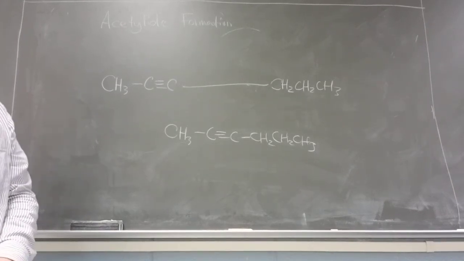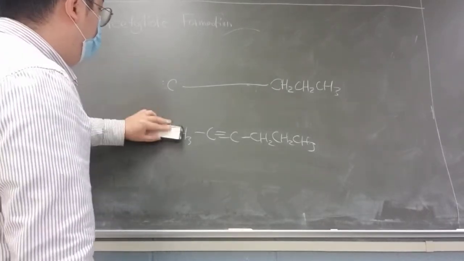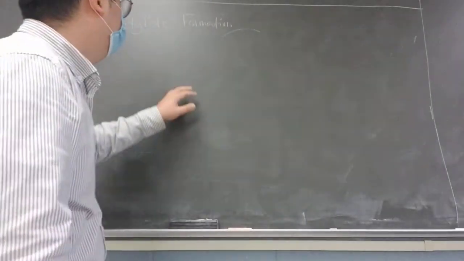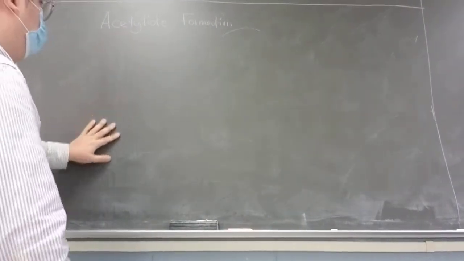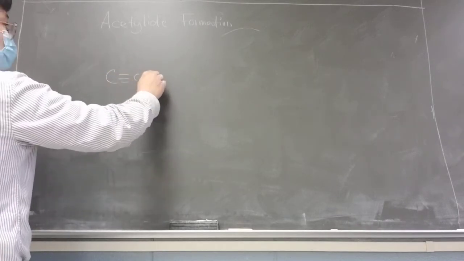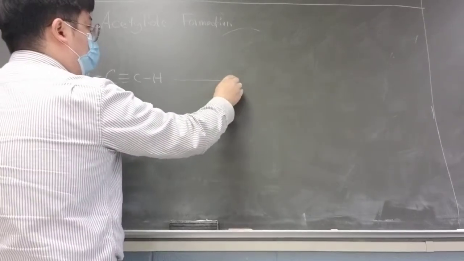Looks good, right? One more thing I want you to remember: to make the acetylide anion from acetylene or any other alkyne with a triple bond, you need a very strong base.